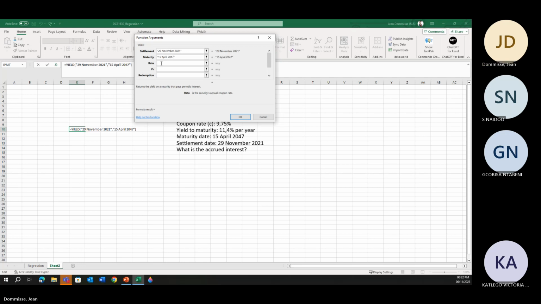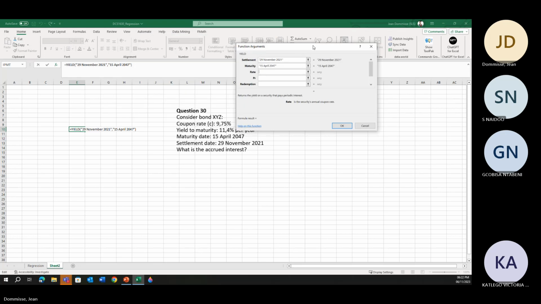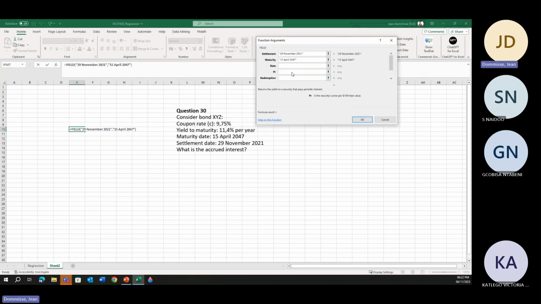Seven. Okay, so that, and you can tell me if I interpret it right, that will be your yield to maturity.